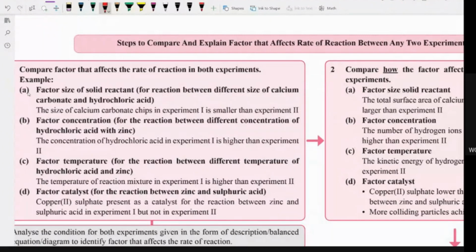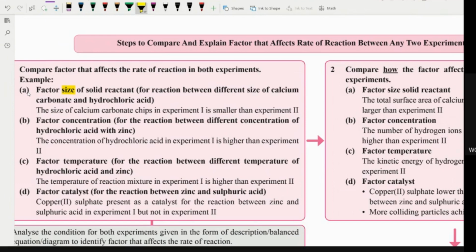Now class, let's say the factor is the size or total surface area. We are talking about the size, here using the calcium carbonate chips. First we mention the size of the calcium carbonate chips in experiment 1 or experiment 2. Sometimes you see powder is the smaller size, right?